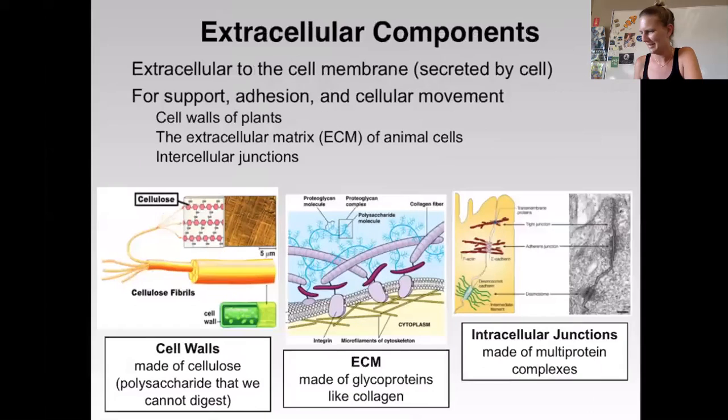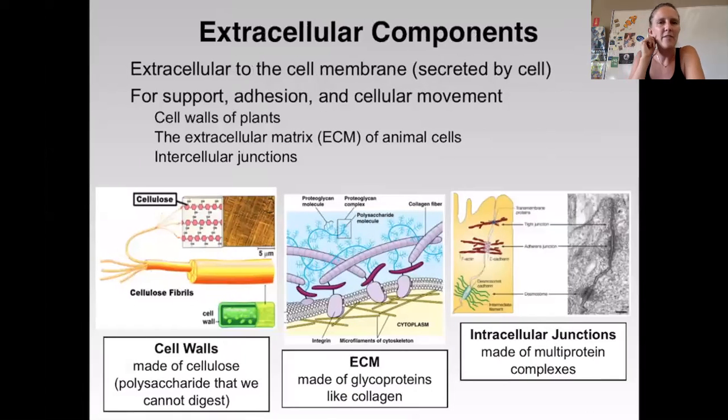All right, then we have the extracellular components, all right? These are secreted by the cell, right? Cells make things and they secrete them out. And this is really important for support, adhesion, don't worry about cellular motion.